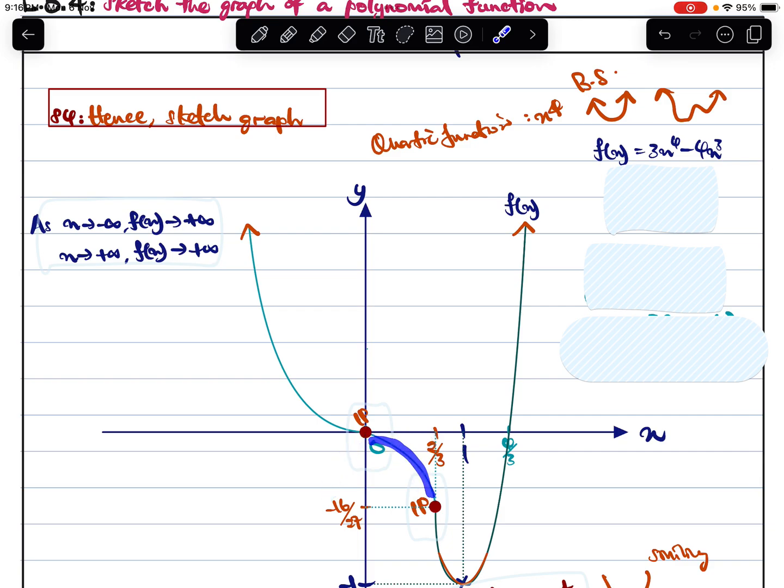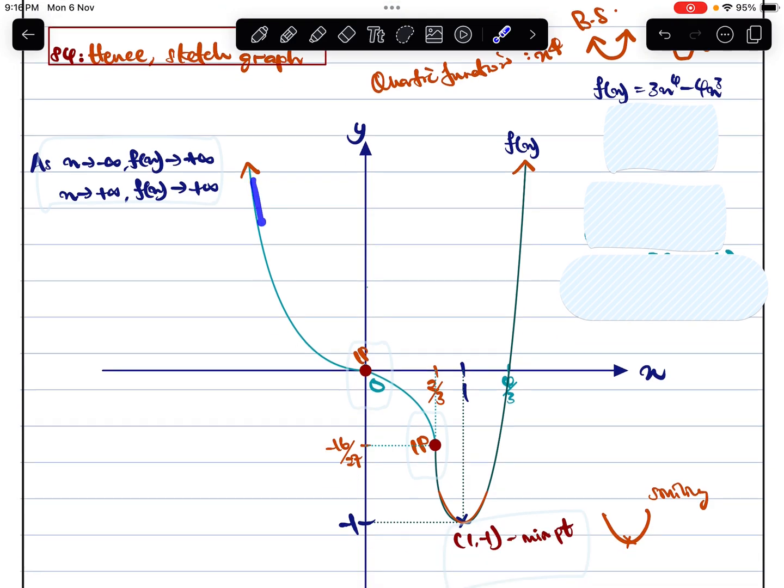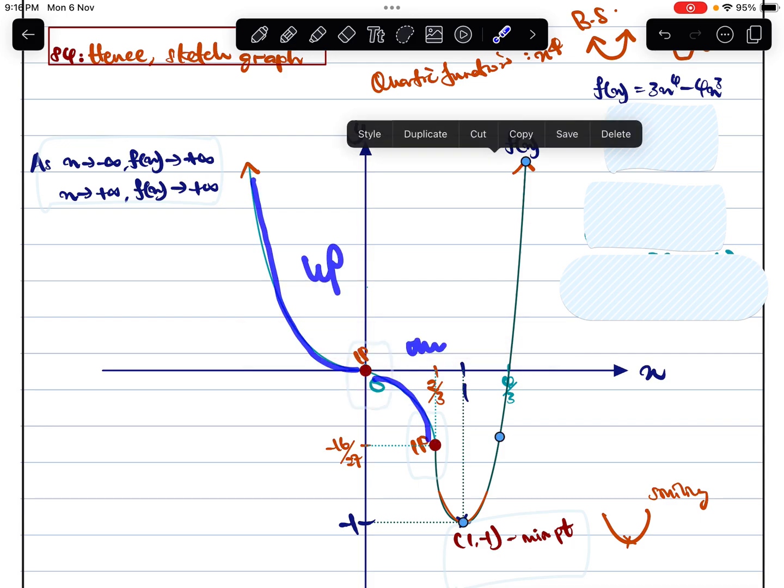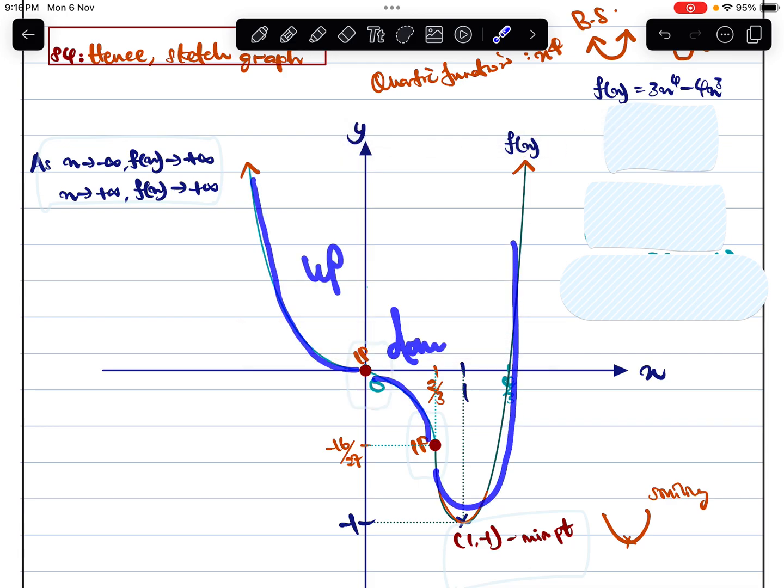It can also happen to be half of the curve, half of the concave down, because that is what is needed. So only half of this shape is concave up, while half of this shape is concave down, and then it is going up again from this 2/3 until positive infinity.